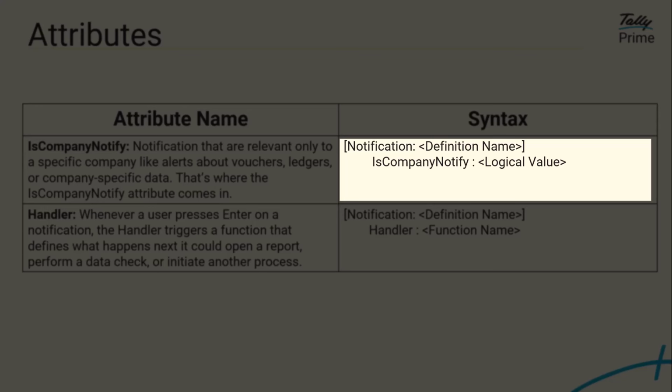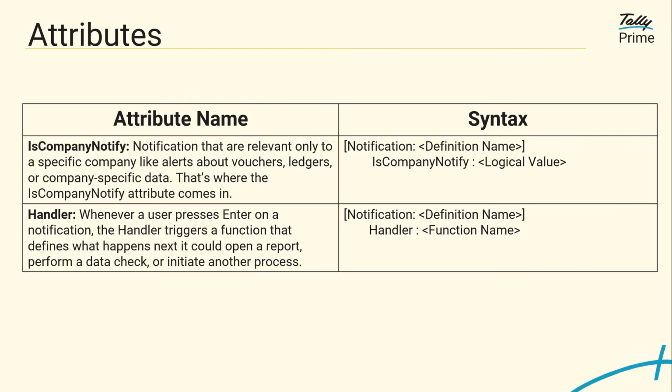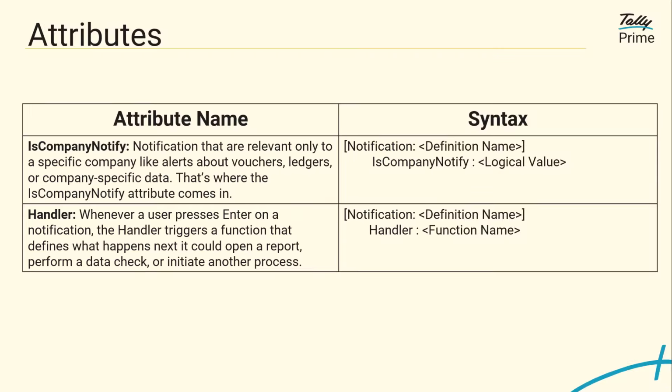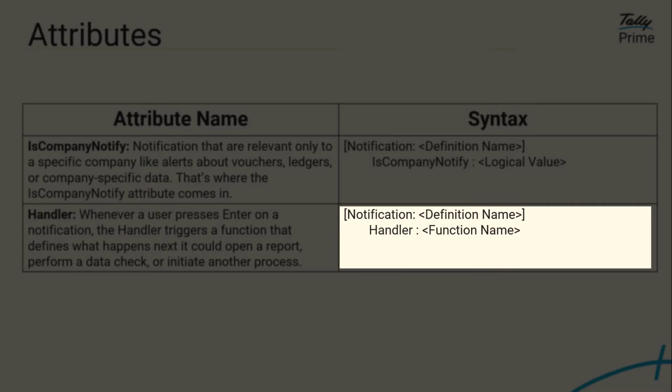The syntax for this is shown on your screen. The handler attribute acts as the functional backbone of a notification. Whenever a user presses enter on a notification, the handler triggers a function that defines what happens next. It could open a report, perform a data check, or initiate another process. The syntax for this is shown on your screen.